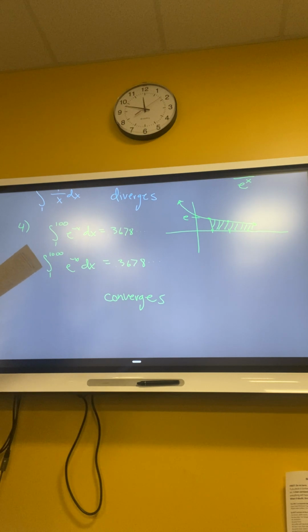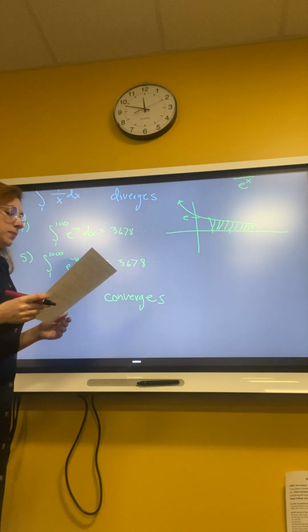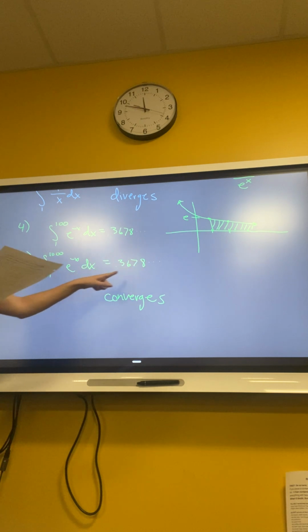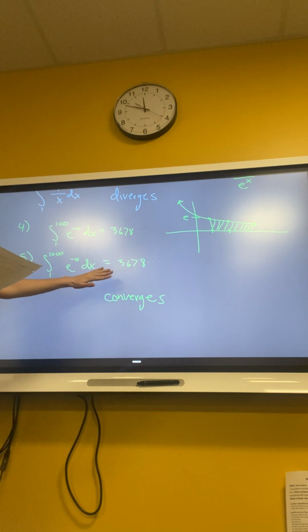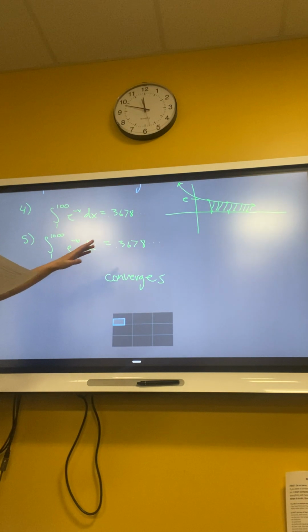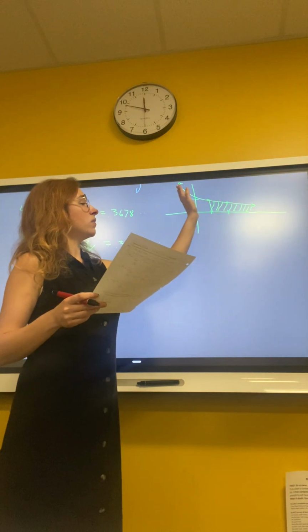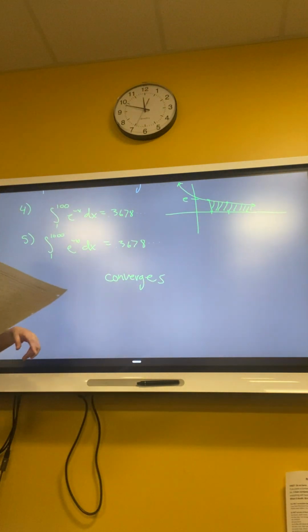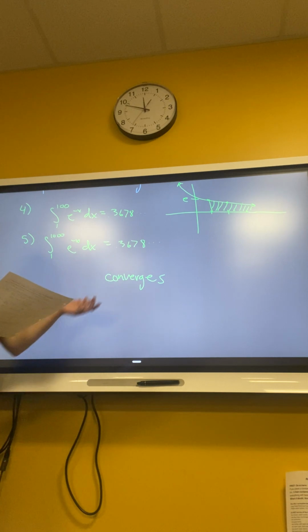It says, to what value does it converge? Do you have a guess at all? Do you think this represents anything specific or just a weird decimal? Not really, because we're still talking about area under the curve. So if anything, it's going to get bigger as I go out, right? I'm adding area, but obviously not much bigger.